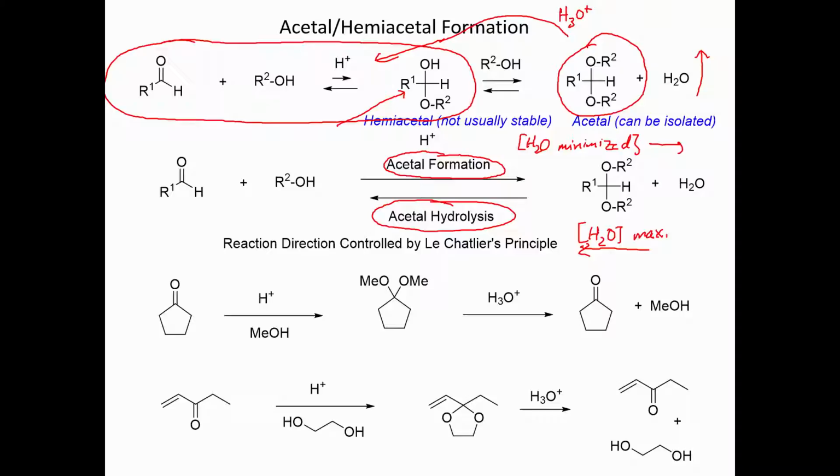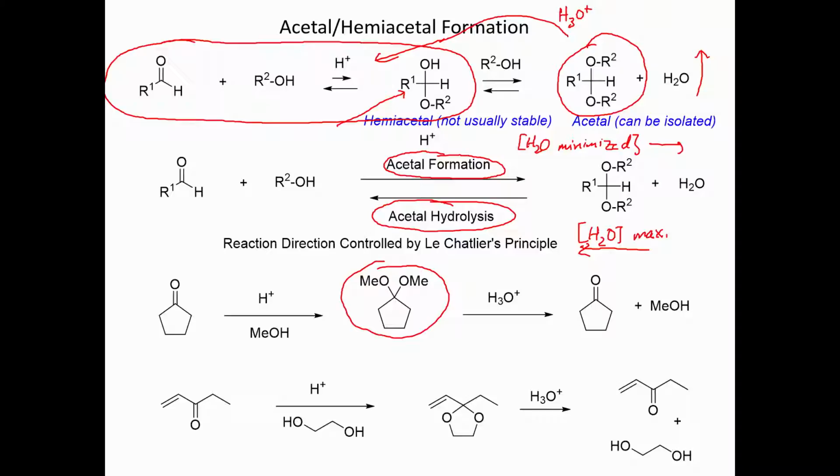So if we treated this ketone here, cyclopentanone, with pure methanol and H+, we could expect to make the acetal. Because we're using methanol as the solvent, the number of methanol molecules is huge compared to the number of cyclopentanone molecules, or compared to the number of water molecules that are going to form as a byproduct of this.